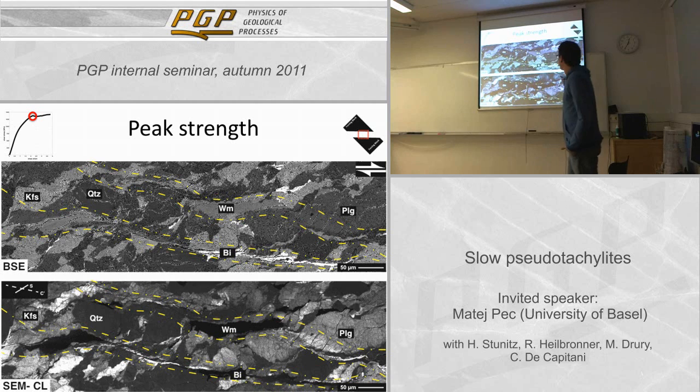So those slip zones form through-going anastomosing layers that use mostly feldspar and are often associated with the presence of micas. However, the micas don't form a through-going layer in them.